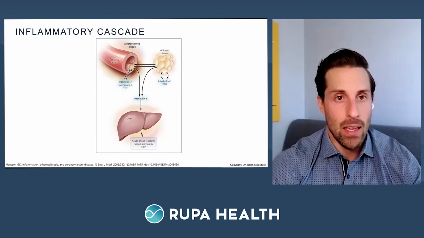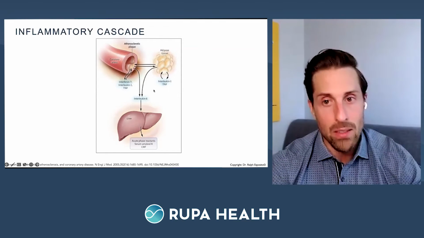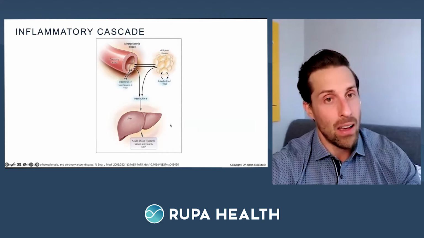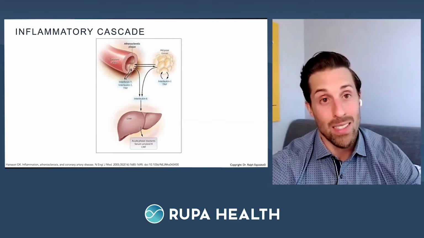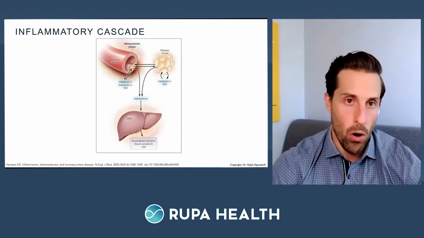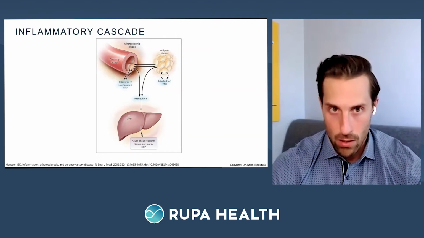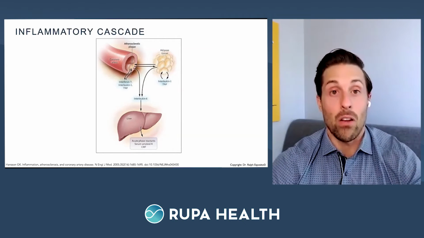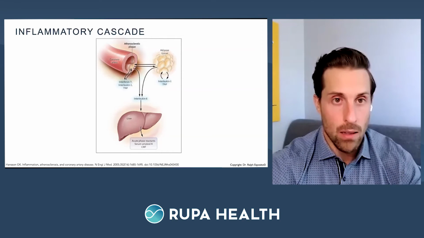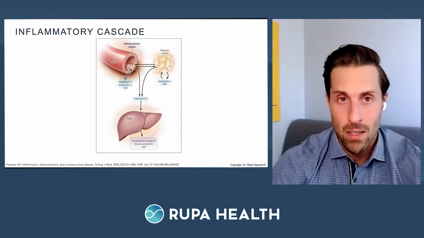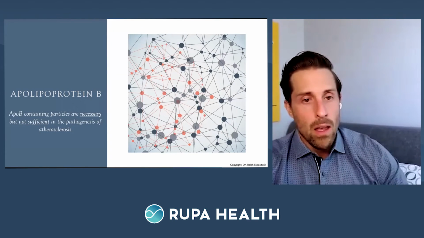That then sets off an inflammatory cascade, as you can see here, releases IL-6, TNF, IL-1, and that causes an acute phase reactive response in the liver, which then releases more inflammatory markers such as hsCRP, ESR can go up, and that then goes back into the body, and those inflammatory markers then potentiate the inflammatory response, which then potentiates the atherosclerosis. So it's a vicious cycle, but we can stop it.